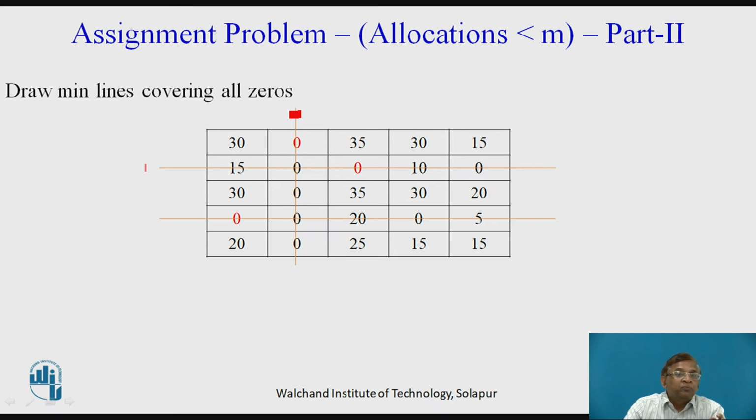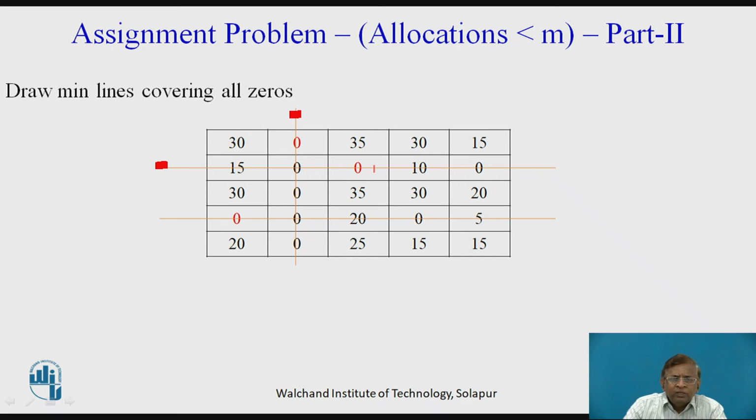That's the basic thing. Now the second row, if you see, has 2 zeros which are not covered yet. So we can draw this second line, which covers 2 zeros from the second row, third column and fifth column. So that's how we got the second line.